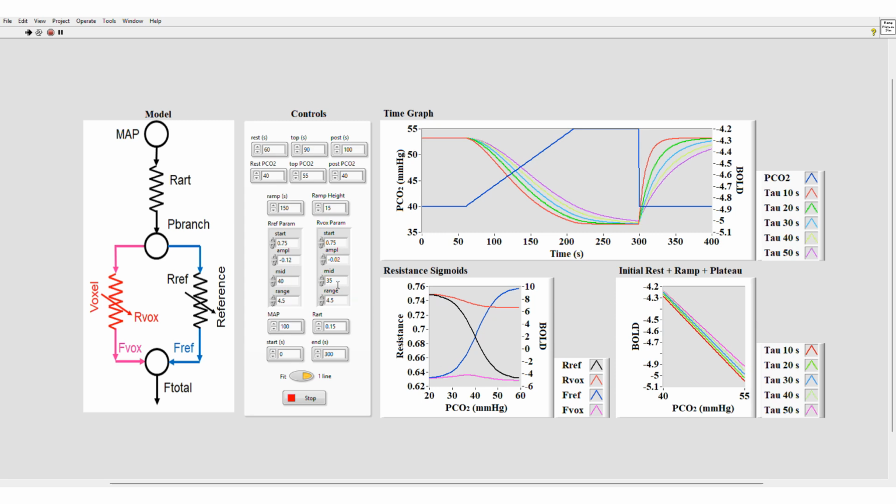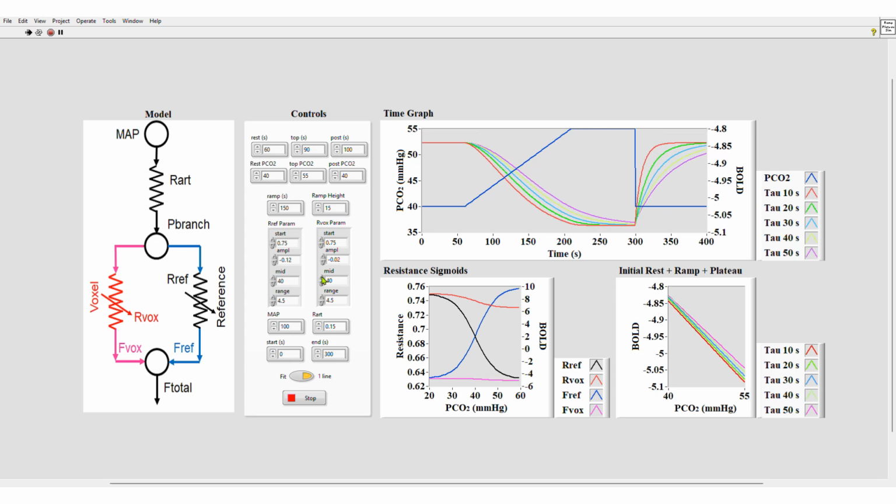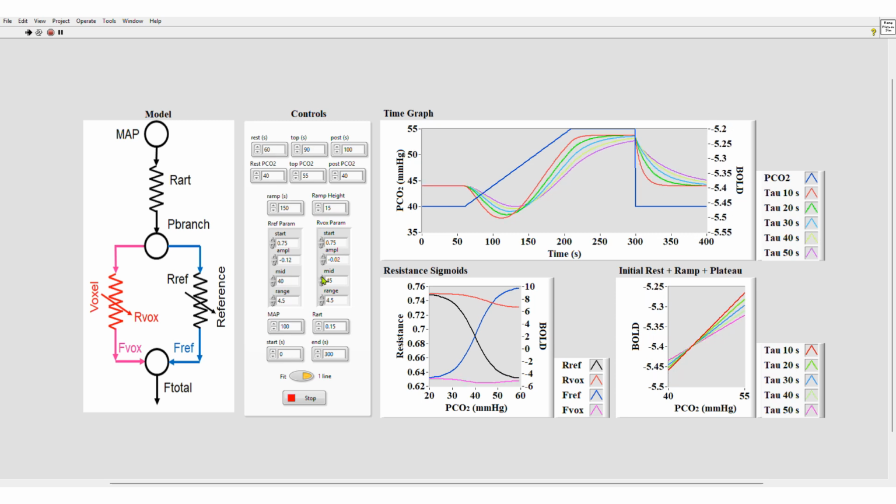However, we're at a midpoint of 35. If we go back to 40, it's very similar. But if we increase to 45, we now see that the BOLD response to PCO2 is nonlinear.